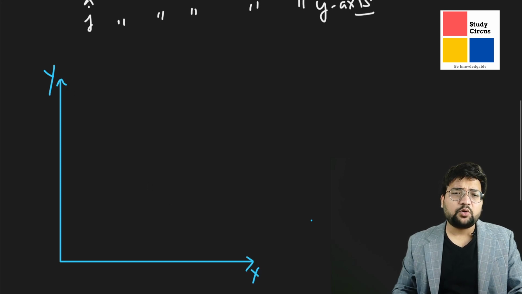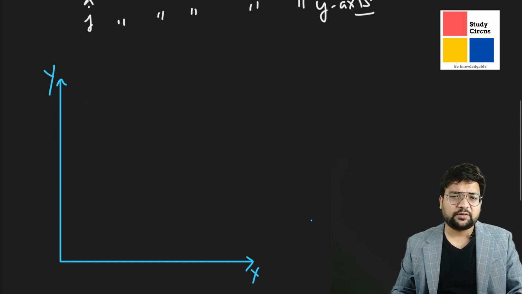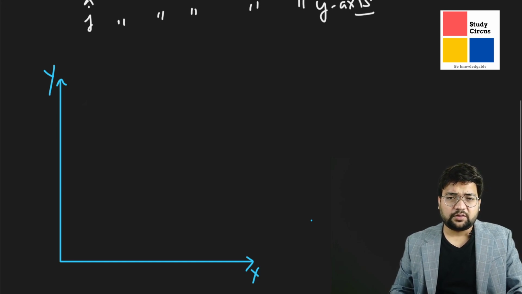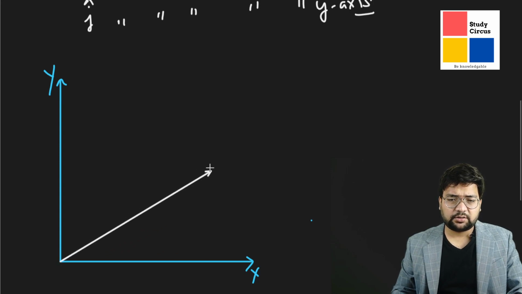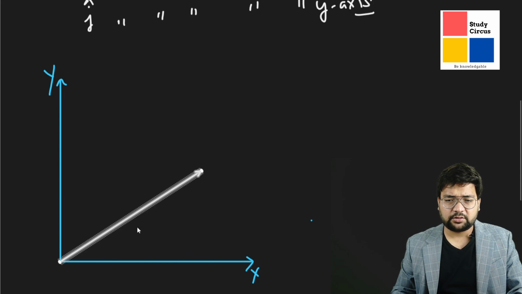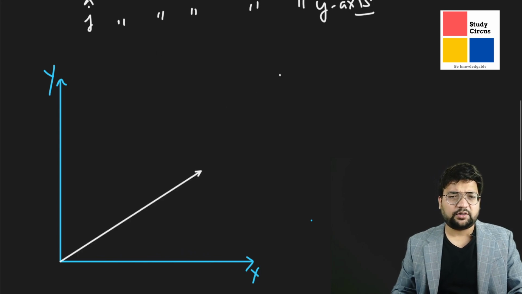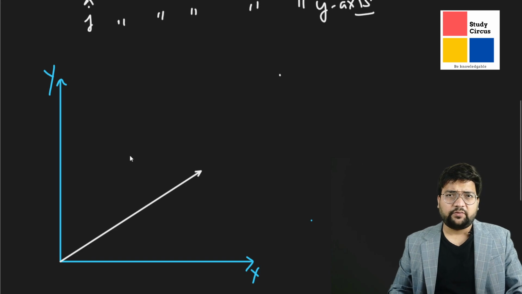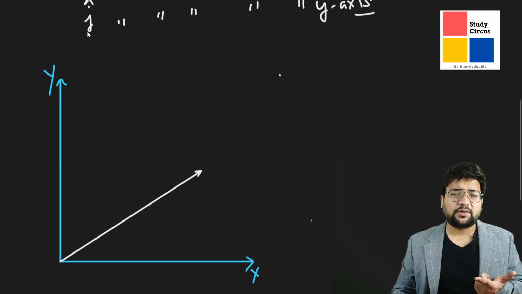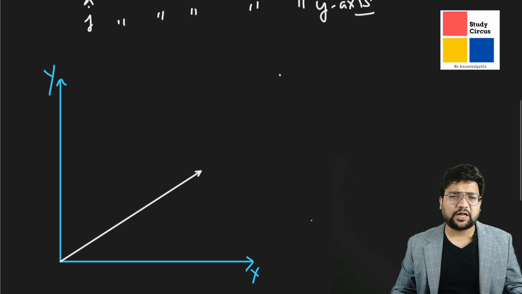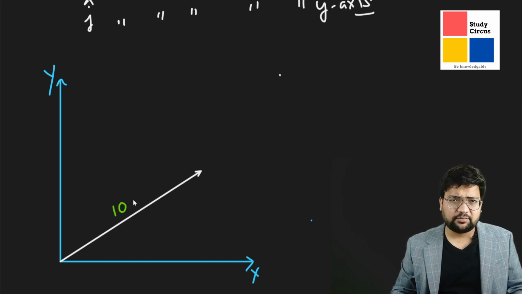Now I am taking any random vector, okay? Let's say it's like this. This is some vector, let's say r, okay? The magnitude of the vector is, let's say, 10. The length is 10 units, whatever.